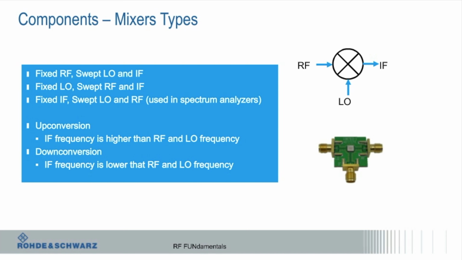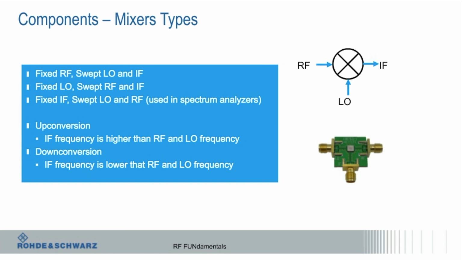Most mixers will work in the other direction too. So this puts in a high and gives you a low, but you can also put in a low and get a high. Okay? The common uses of this: you'll have a fixed RF, which means it is just at a frequency, right? And then I'm moving the LO, changing that LO signal in frequency to get a varied IF.